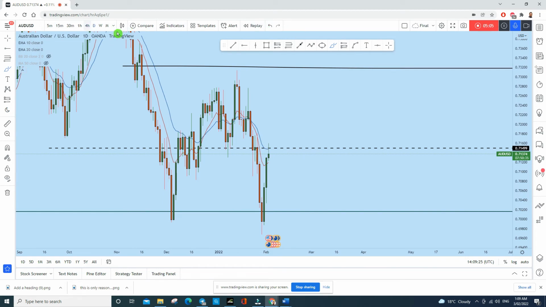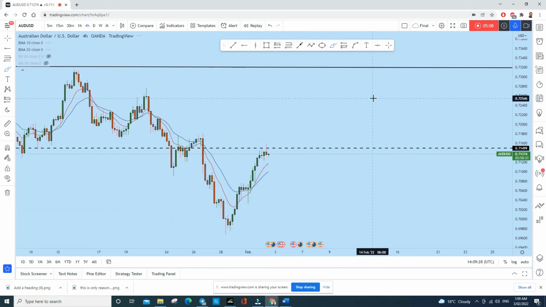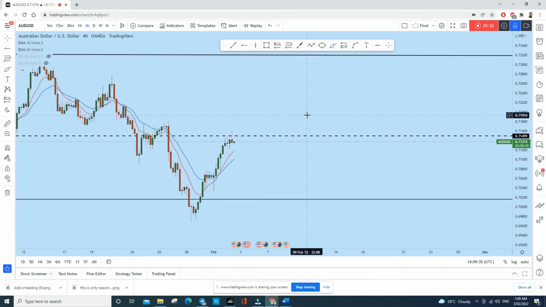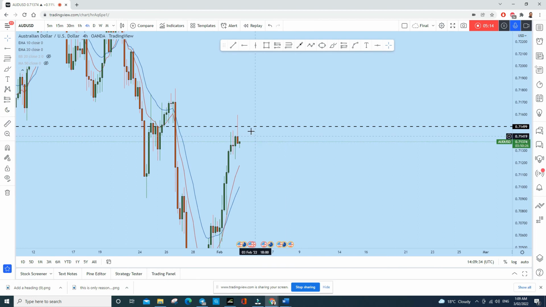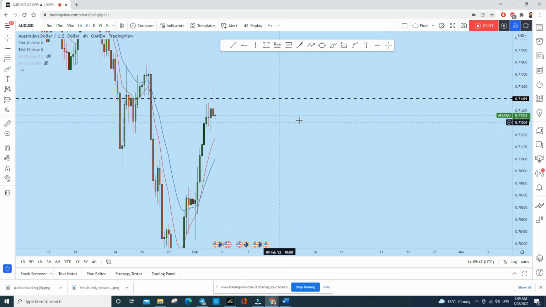shorting opportunity from here. Going to the 4 hour or intraday time frame, this is where we will make our trading decision. As you see that on the 4 hour also we see a pin bar rejected from this very very important level of resistance, and from here we can expect this price to drop.